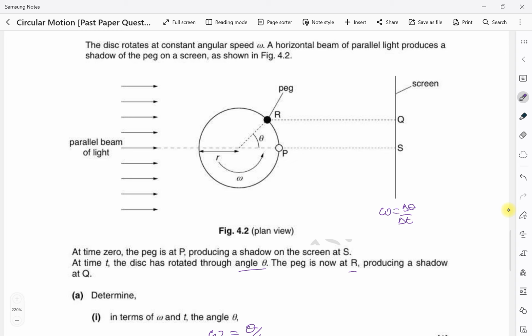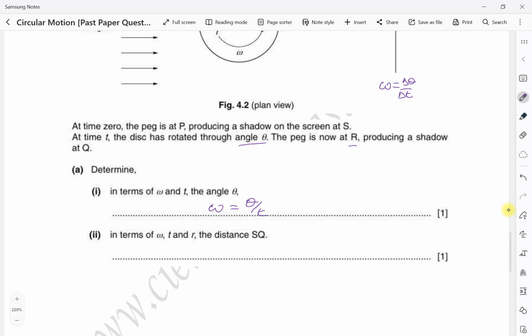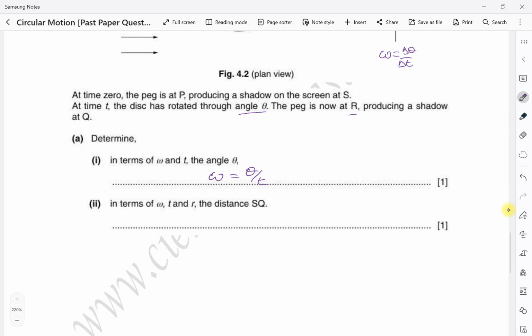Angular velocity omega is the rate of change of the angle, or the angle the object moves through per unit time. So omega is theta over t precisely, or you can write theta as being equal to omega times t.